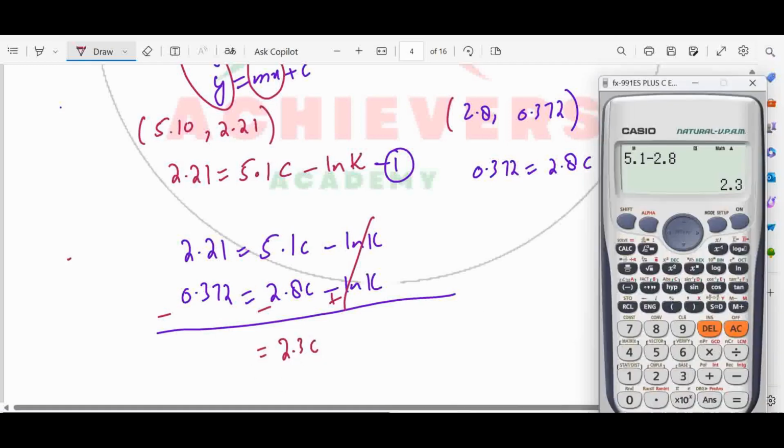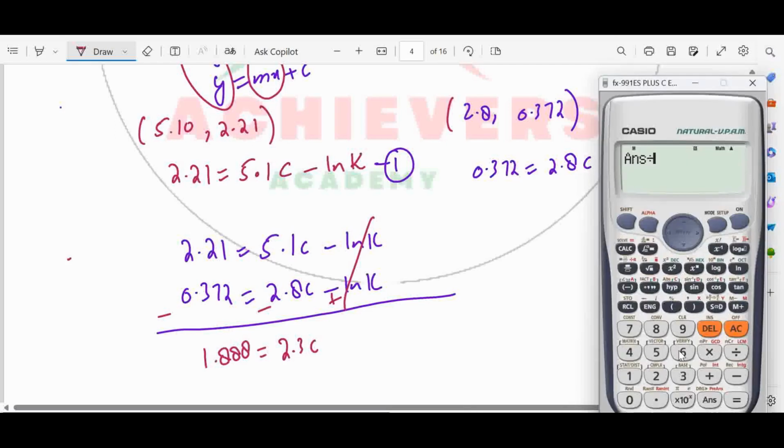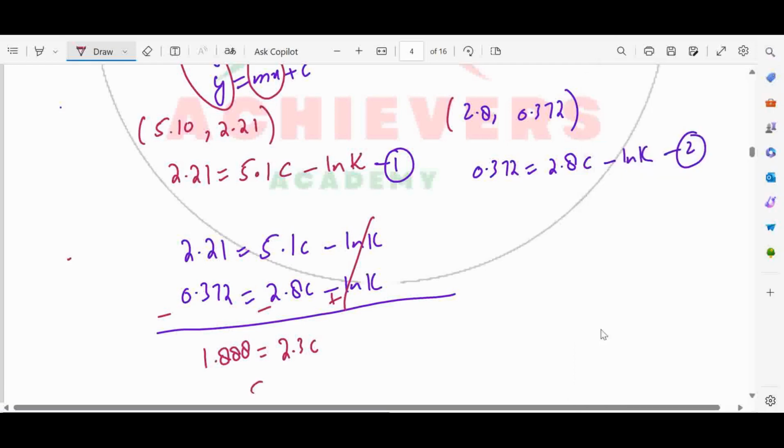And the other side will be 2.21 minus 0.372, which is equal to 1.888. Divided by 2.3, so the value of c will be equal to 0.799.